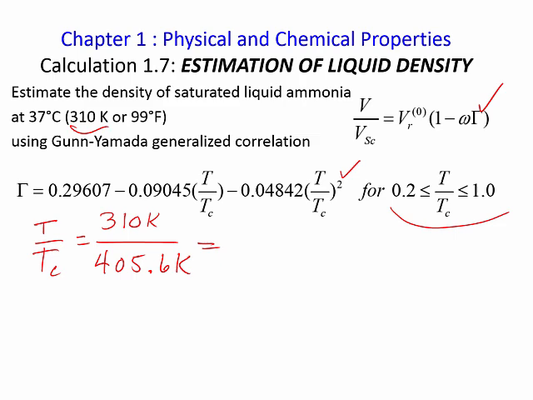This will give us a T over Tc of 0.764. If we plug in this value in the above equation, we will get a value for gamma as 0.1987. Note that the T over Tc value falls well within the range of applicability of the equation.